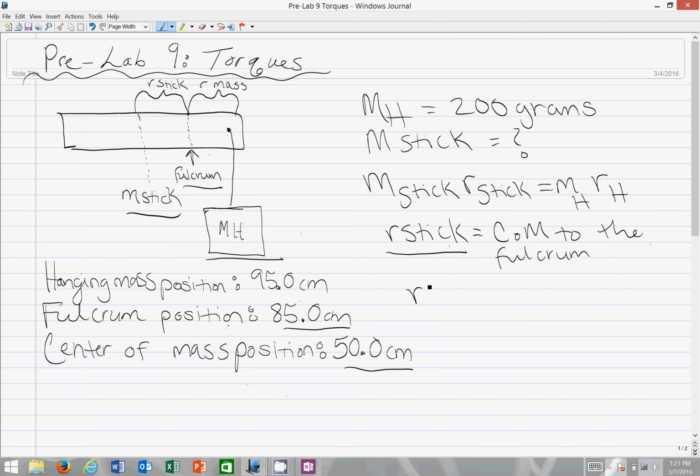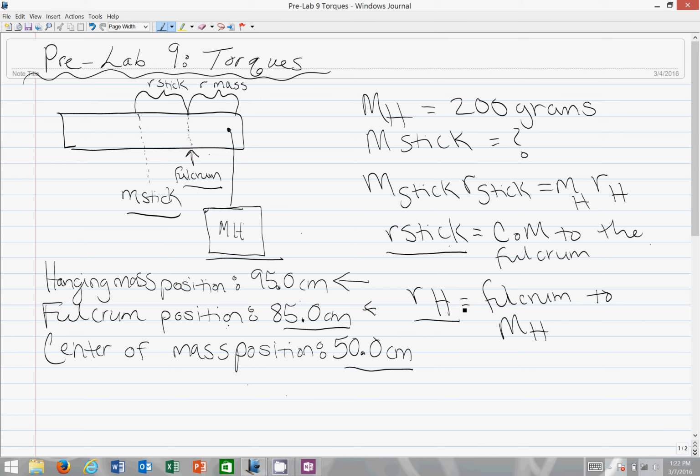The same thing with r of the hanging mass. You would be going from the fulcrum to the position of the hanging mass. Again, we know our fulcrum is located at 85 centimeters and our hanging mass is located at 95 centimeters. The distance between those two is going to be your r of hanging mass.